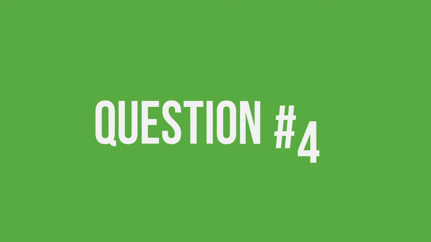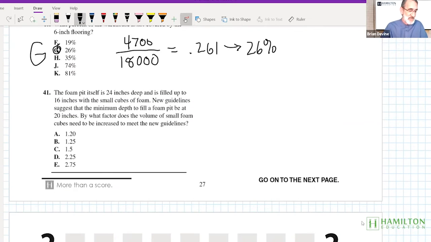The foam pit itself is 24 inches deep and is filled up to 16 inches with small cubes of foam. New guidelines suggest that the minimum depth be 20 inches. Well, what do we got to do? By what factor will the new volume exceed the old?